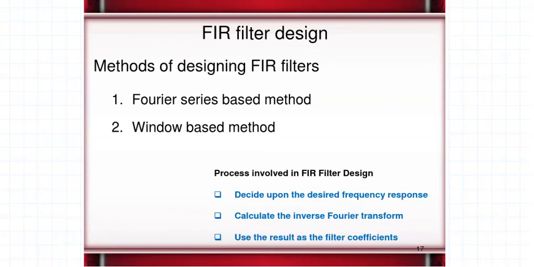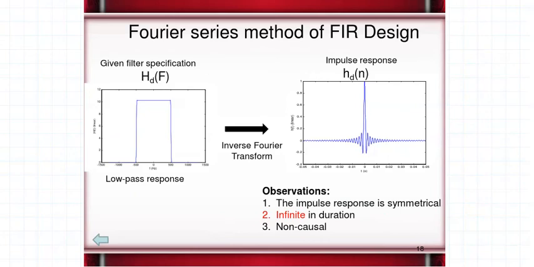Then what are the steps observed in the Fourier series method? How do we decide the frequency response? How do we calculate the inverse Fourier transform? And how do we finally decide the filter coefficients? Let us look at all these three steps in detail for both these methods. Let us first look at the Fourier series based method, the very first method that we will discuss for FIR filter design.